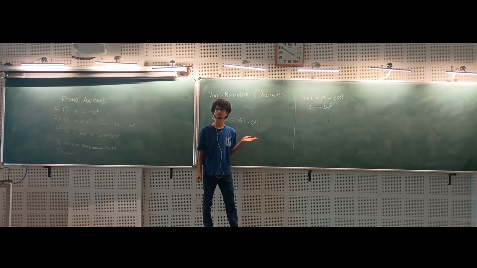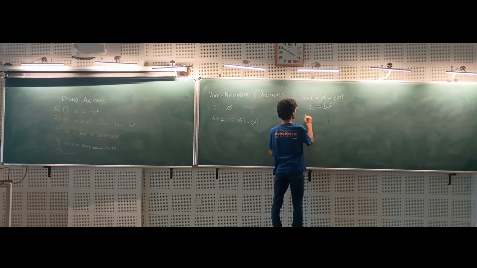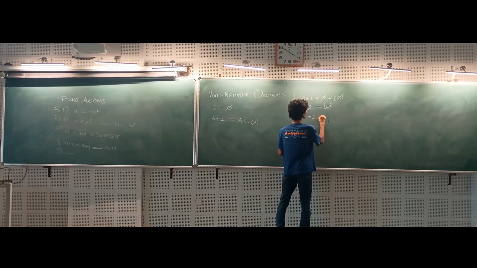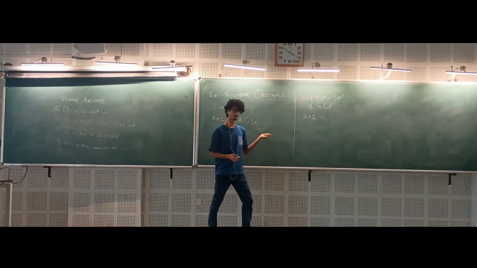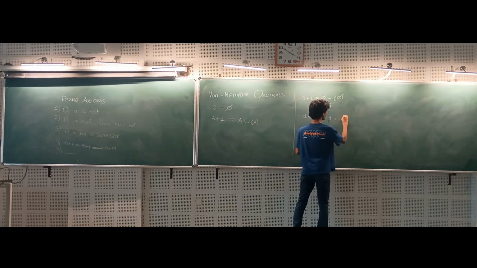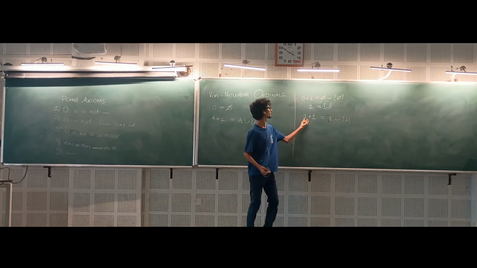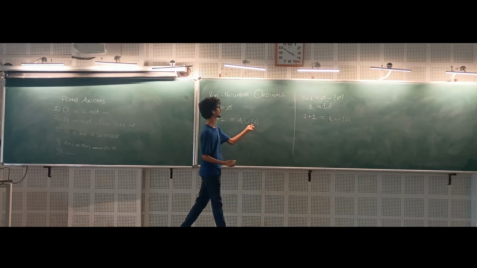till here is fine. What does 2 look like? 2 is the unique successor to 1. What is this by definition? 1 union singleton 1. A union singleton A, the same set.